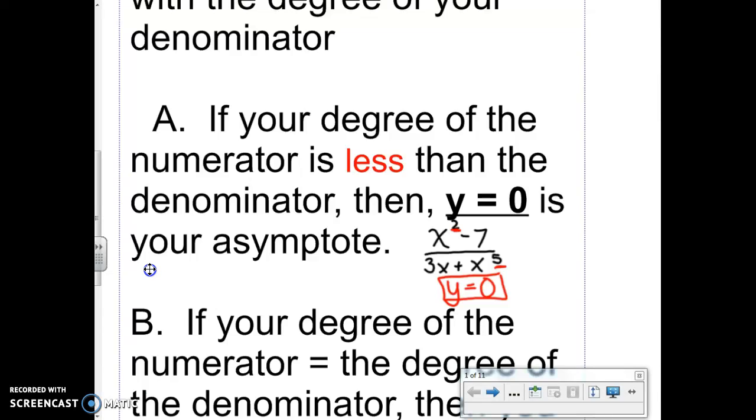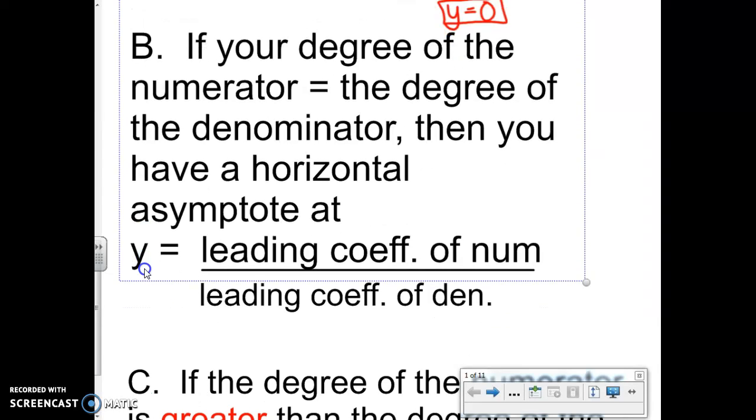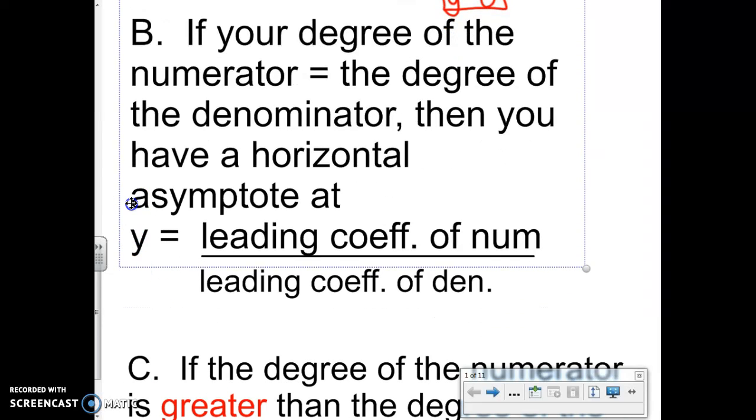All right, then we're going to come down to the next one, and here it's saying the degree of the numerator is going to be the exact same as the degree of the denominator. Then we're going to have an asymptote at the ratio of the leading coefficient of the numerator to the leading coefficient of the denominator. So an example here, bless you, would be something like if I have 2x squared minus 3x plus 8 over 5x squared minus 6, let's say.